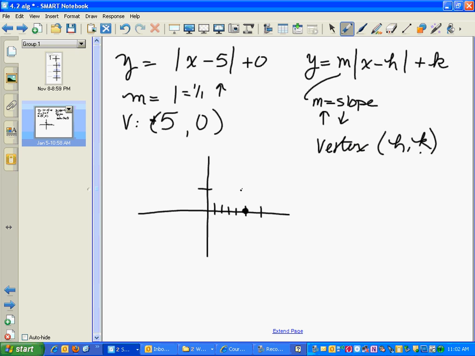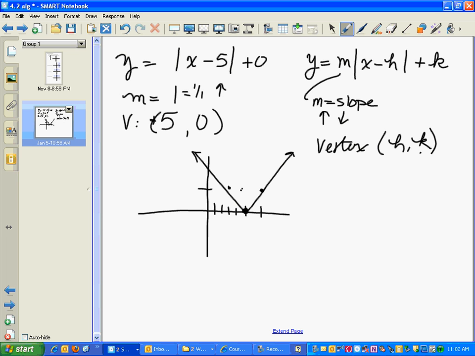So we're going to go up because it's positive, and then left 1 and right 1 because these points are always symmetric. And there's the V. So for example, if my slope had been 2/3, I would have gone up, what? 2, and then left and right, what?